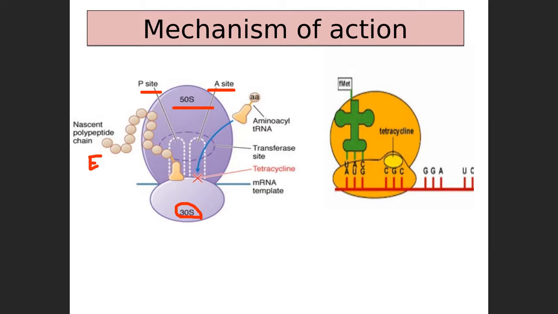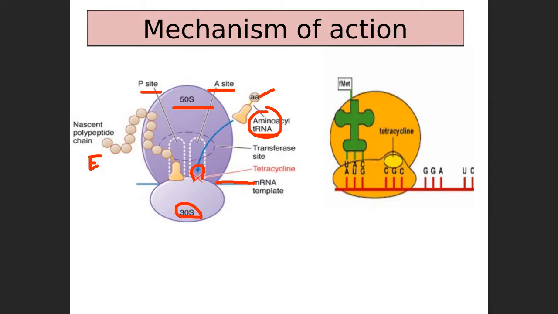At the A site, the acceptor site, an aminoacyl tRNA will come and attach, and this is happening on the mRNA template. This tRNA will attach here carrying one amino acid, and this process goes on.